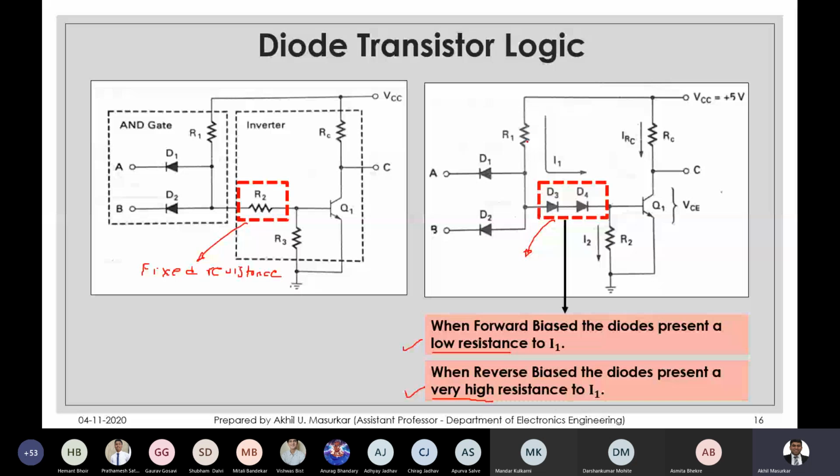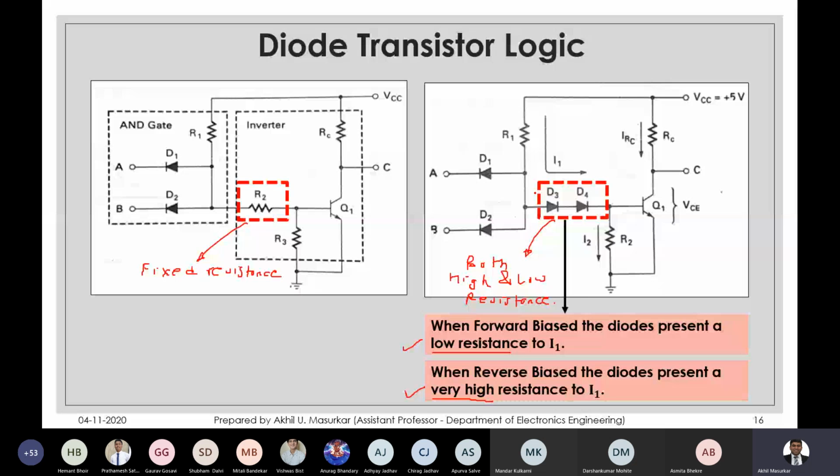If I1 tries to flow to the base, it should have a low resistance path, and if I1 is not trying to flow through to the base, it should have high resistance. So here you get both high and low resistance, and the resistance changes depending on the operation.